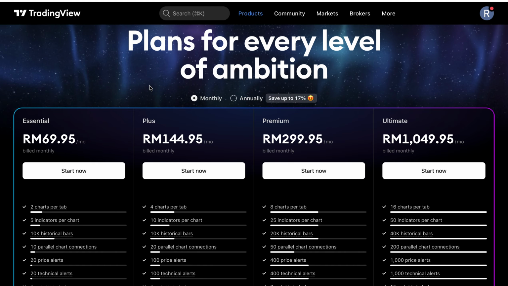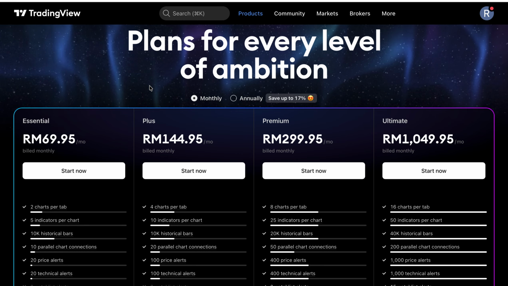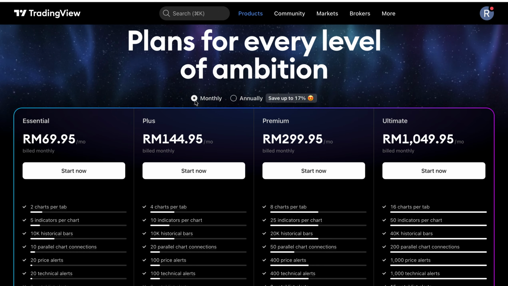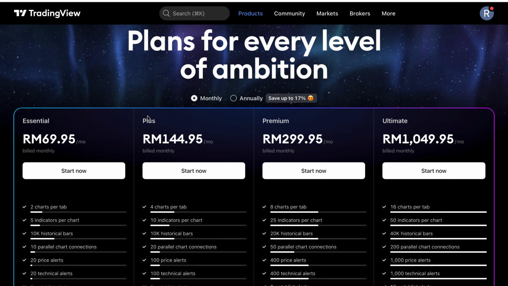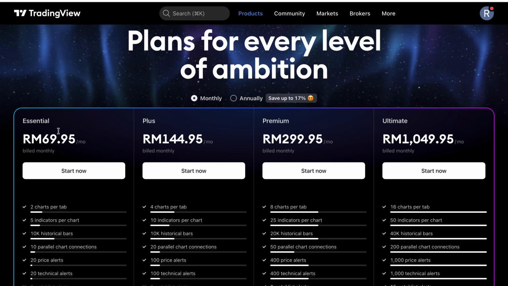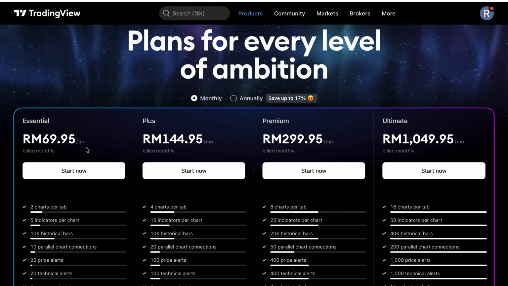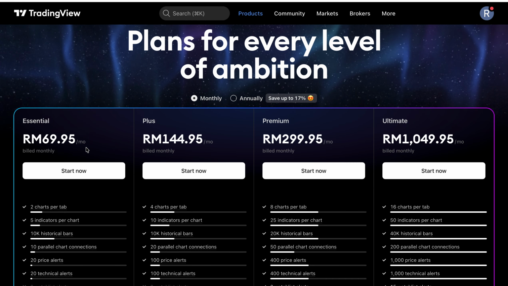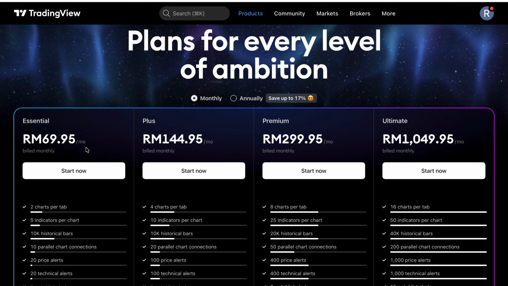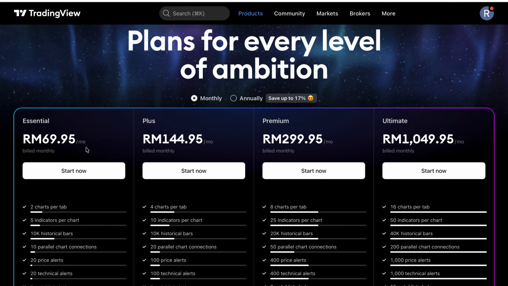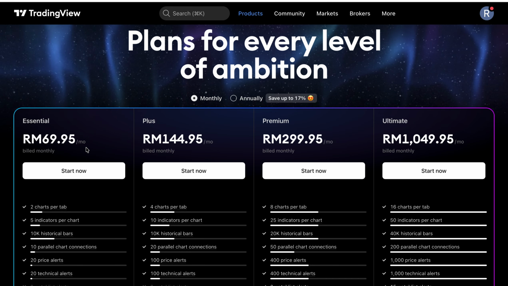This is the Tradingview subscription pricing in Malaysia, and there's of course your monthly and annually. Even the cheapest essential plan costs about $69.95 per month. And if you are serious about trading as a business, well, every expense takes away your winnings.